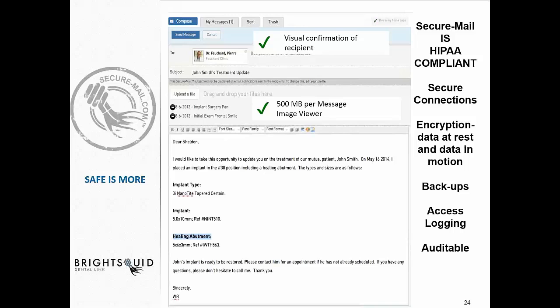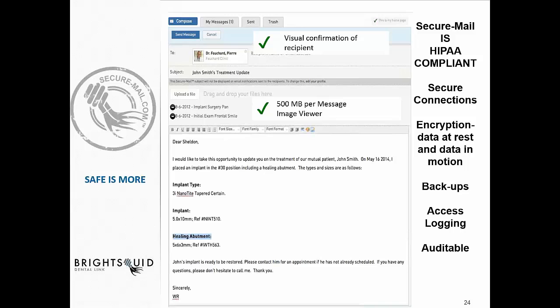The other thing that we find is in typical email, you have restrictions. Restrictions of 10 megabytes per message or 20 megabytes per message. Well, that doesn't work so well if you're sending a lot of images, or if you're sending large images like a cone beam CT scan. So what we've done in our service is we've increased that to 500 megabytes per message.